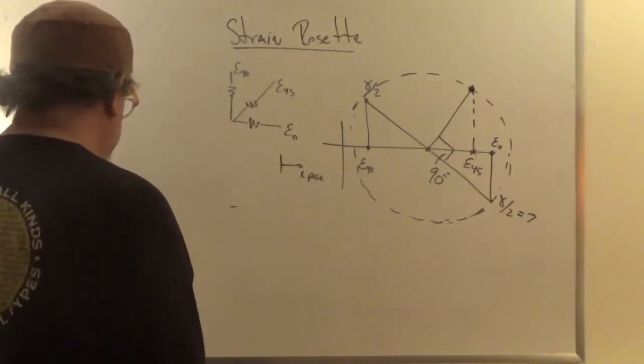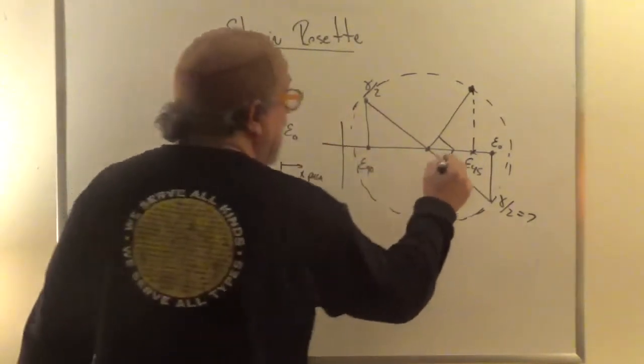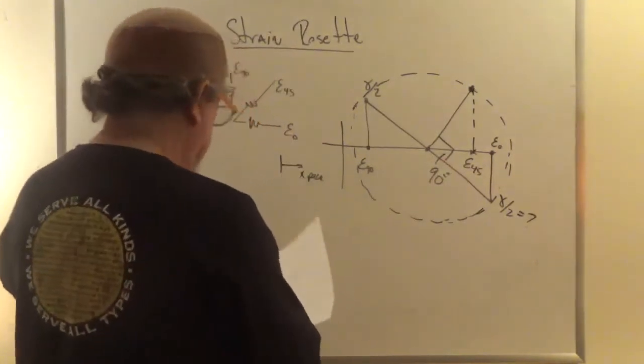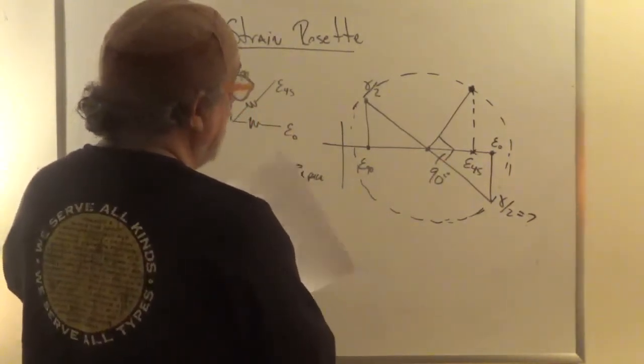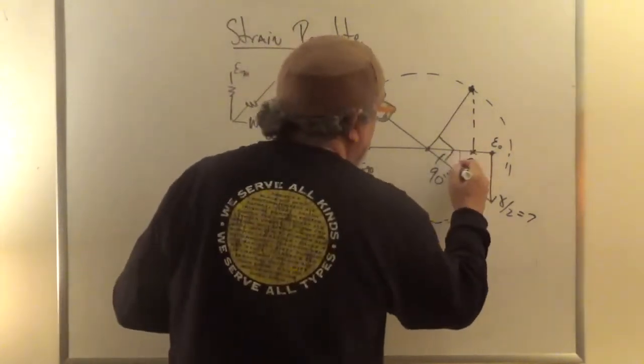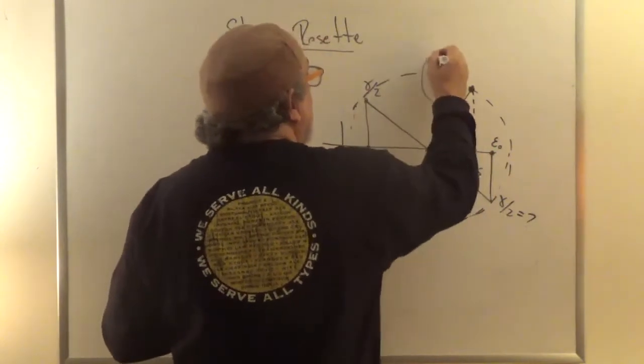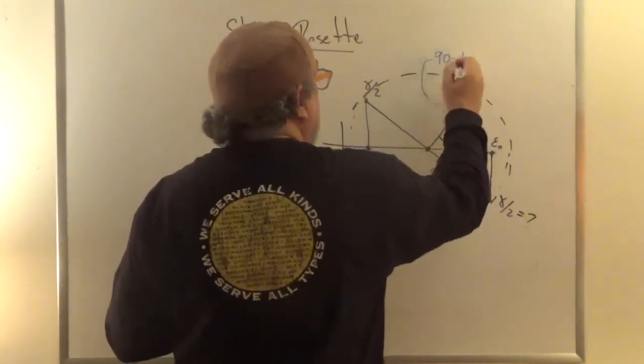Now, if that is E45, then we can say that this angle here is phi. So this angle here is 90 minus phi, right?